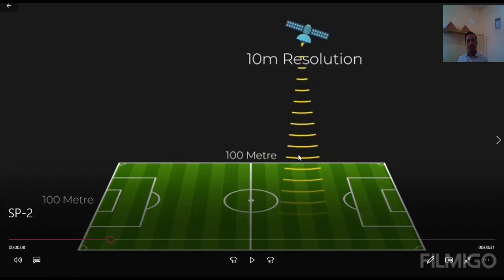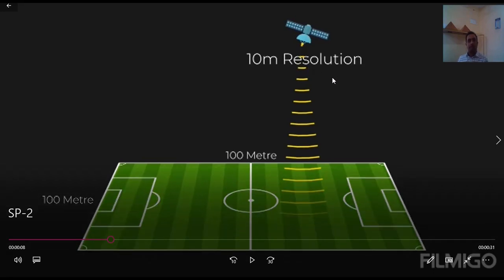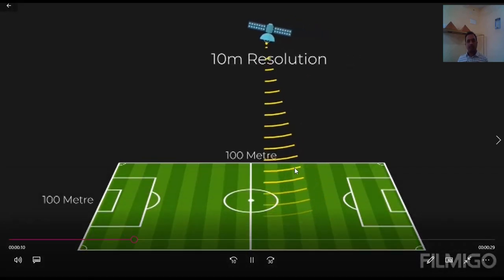The sensor is on board the satellite, scanning the entire playground pixel by pixel. Previously, at 100 meter resolution, the total playground came into one single pixel. Now with 10 meter resolution, the entire playground appears in this way.